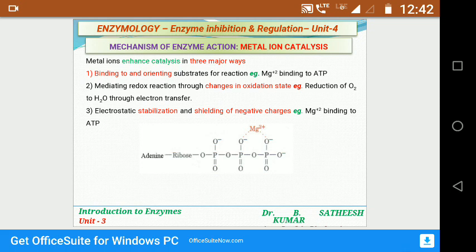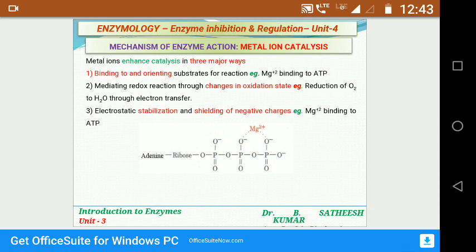Copper is also copper plus 1 and copper plus 2. So these kind of metal ions change their reduction potential, and in the same way they can influence the redox potentials of substrates. So thereby they are directly involved in the catalytic process.